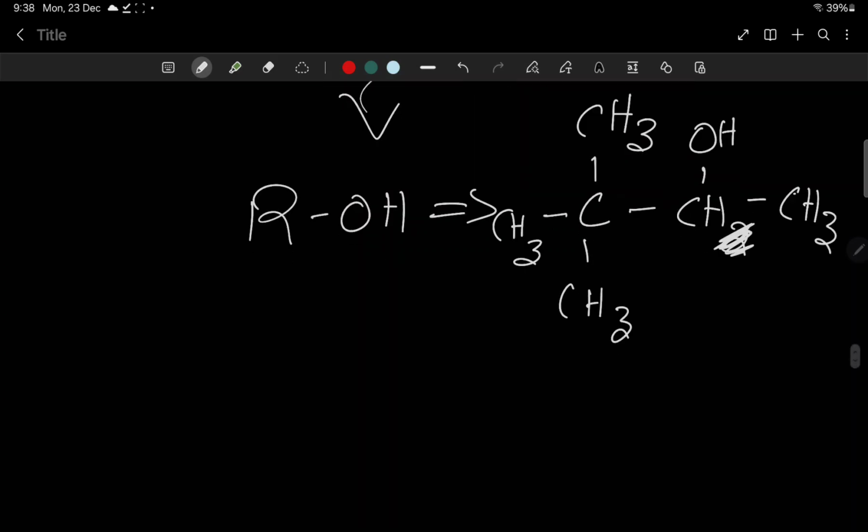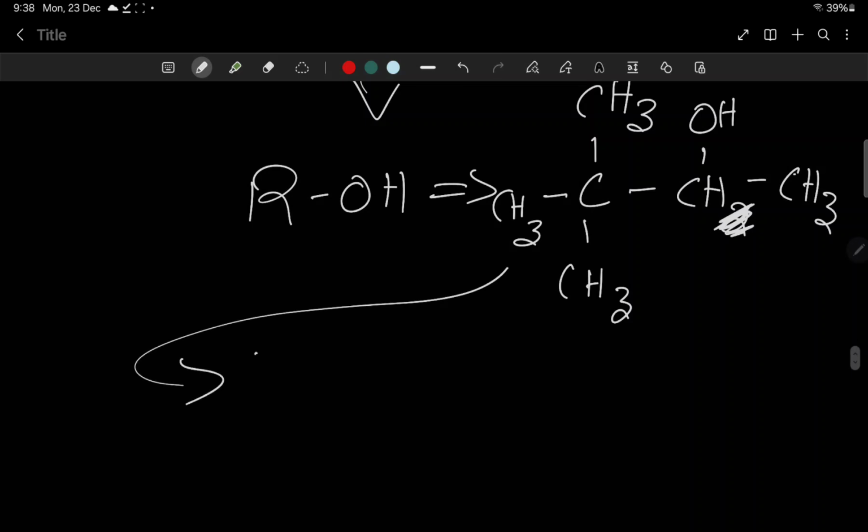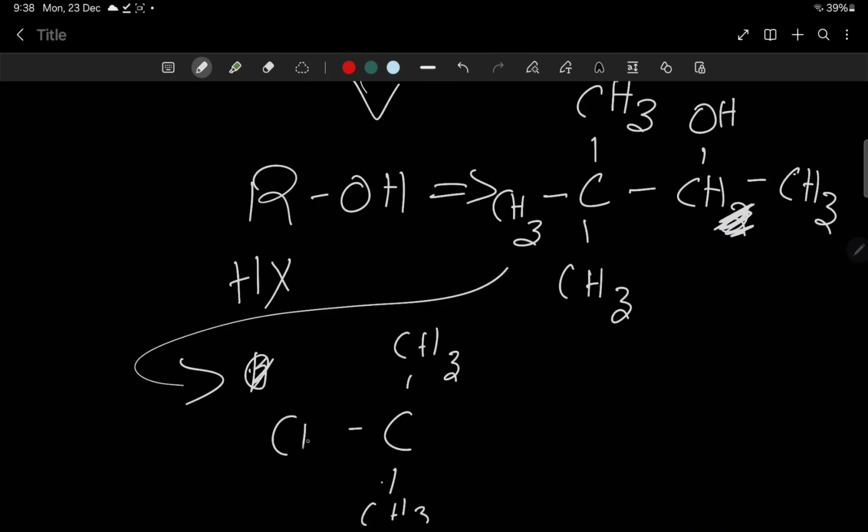This was our compound. Now if this undergoes reaction with HX, what happens? We first get a carbocation. The carbocation will be formed where the alcohol is left. So we'll get a carbocation here.